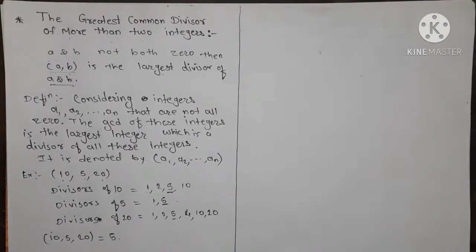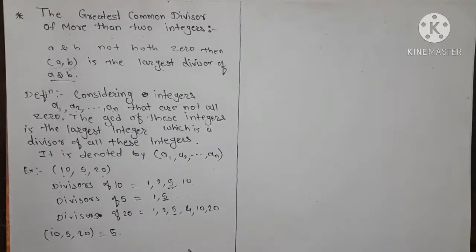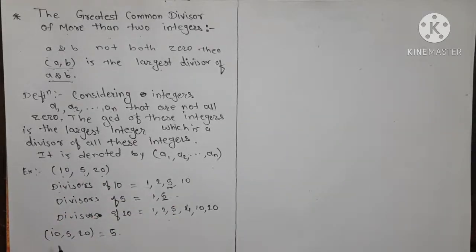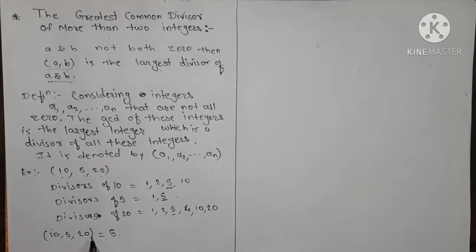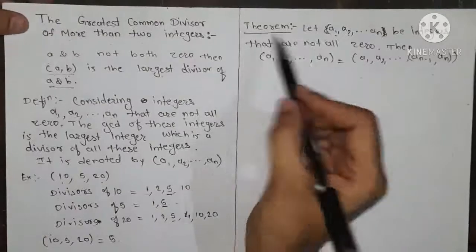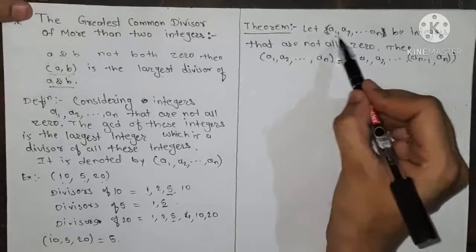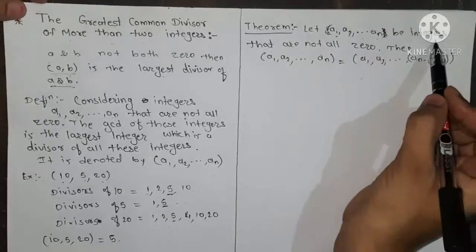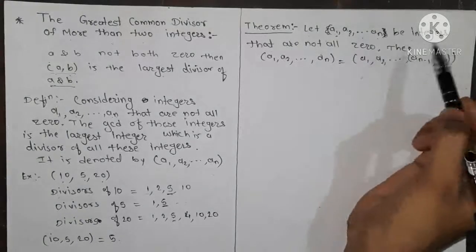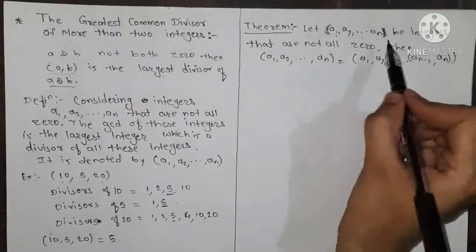Okay, so as we saw in the case of finding the GCD of two integers, we have a theorem so that we are able to find the GCD of more than two integers. Our theorem is: let a1, a2 up to an be integers, not all zeros, that is, at least one of them is non-zero.